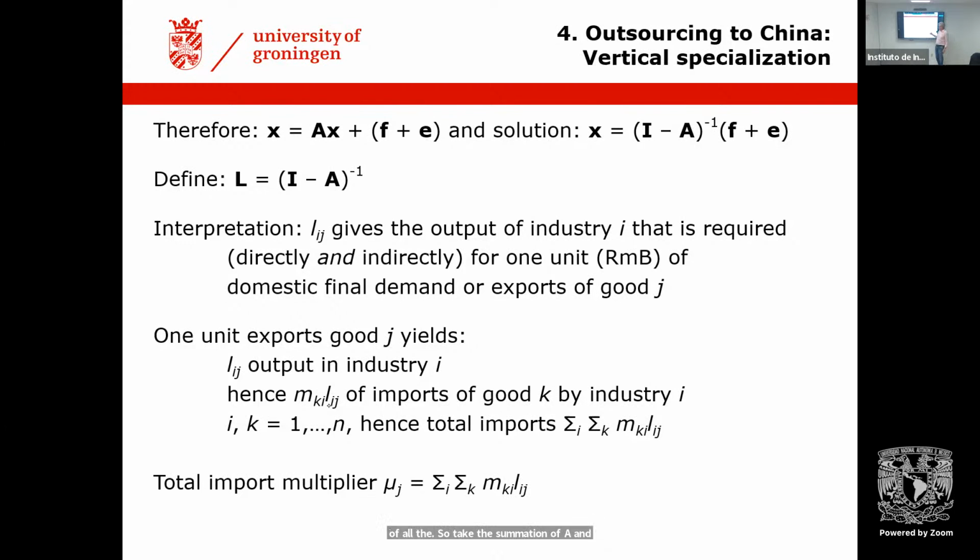That is the total import multiplier. So that tells you the total amount of all imports of good 1, good 2, good k imported by industry 1, 2, or i, that is necessary for 1 renminbi of domestic final demand or exports of good j. That is mu_j.